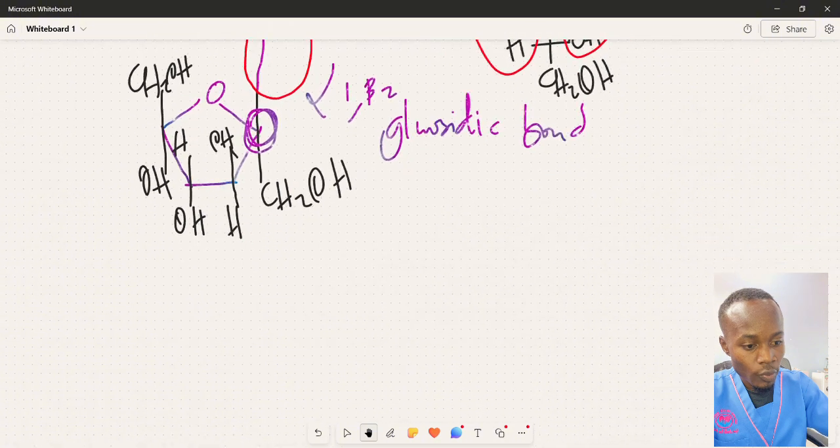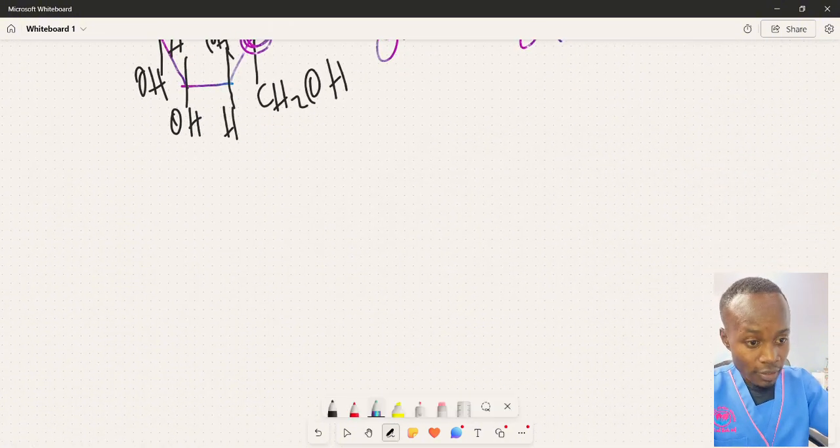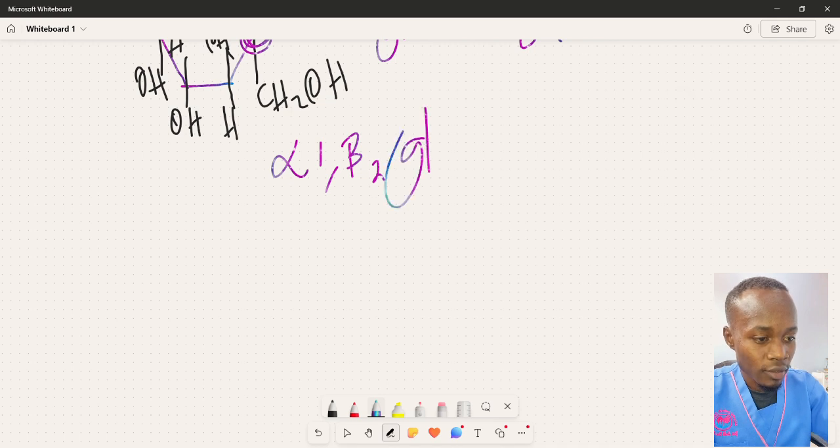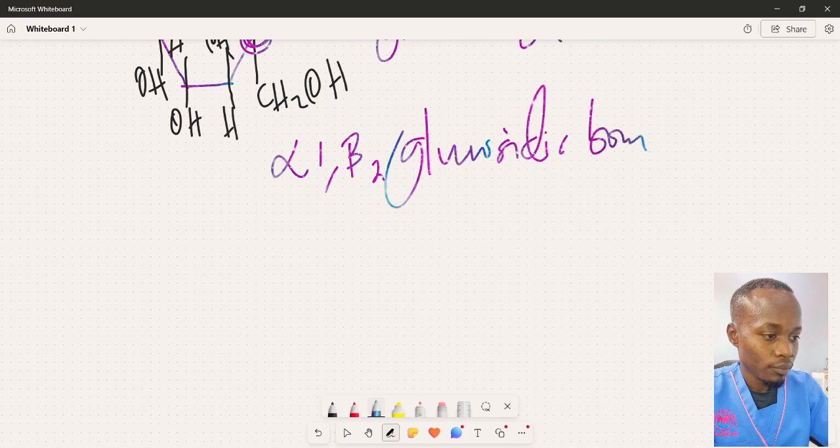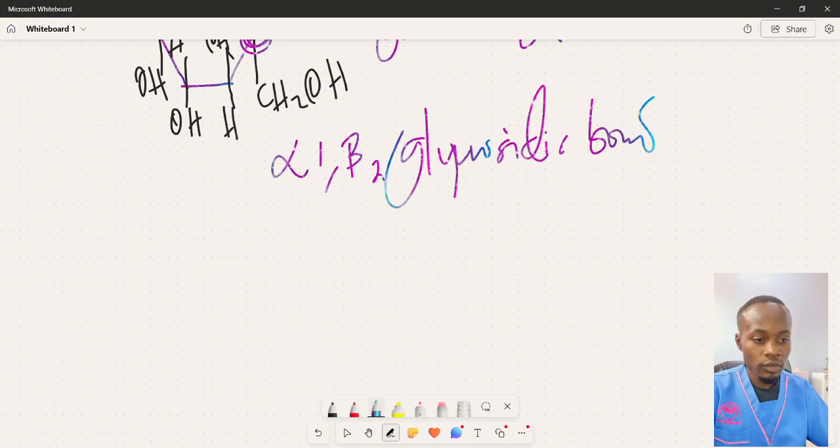And that's how we've ended up with alpha 1 beta 2 glycosidic bond, yeah, glycosidic, not glucosidic. So that's particularly how that one is formed.